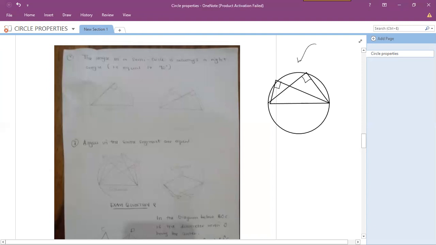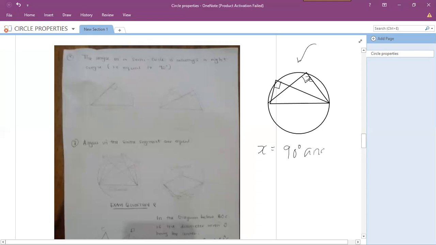Angle in semicircle is always 90 degrees, because at times when we have questions in circle properties, they would require you to give reasons why you think that answer is. Let's say they ask you to find angle x, and you say x is equal to 90 degrees. The examiner wants you to give a reason at times. So you say x equals 90 degrees. Why?